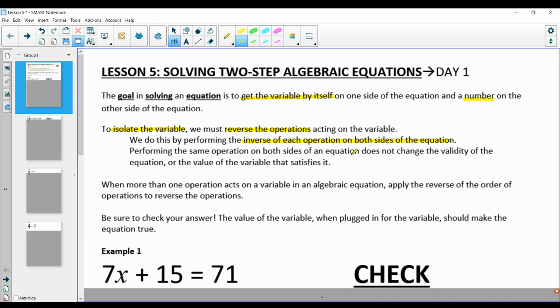If I subtract by 8, I subtract by 8 on the other. Multiply by 5 on left, multiply by 5 on right, and so forth. When more than one operation acts on a variable, you apply the reverse of the order of operations. Be sure also to check your answer to make sure the value of the variable makes the equation true.